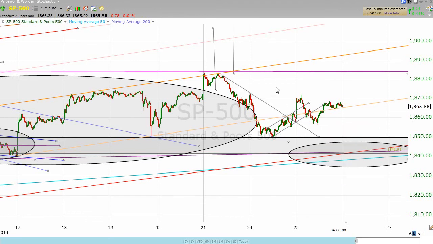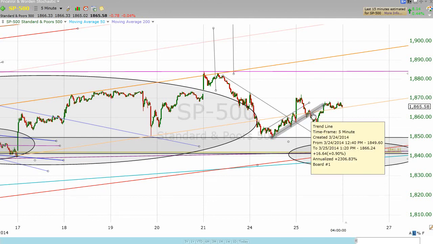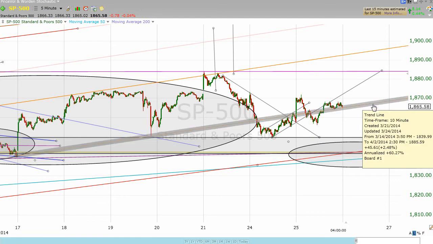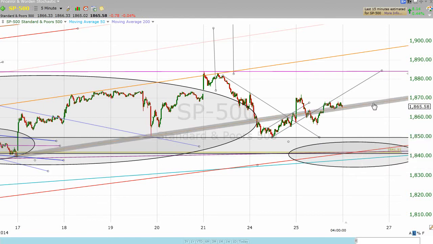So I think that's mildly bullish. But as you can see, shortly before lunch, we got underneath this rising line, and for the most part stayed underneath it. So we've got this little ambiguous thing going on here. The good news is we are once again inside and just barely over this little light colored orange line.